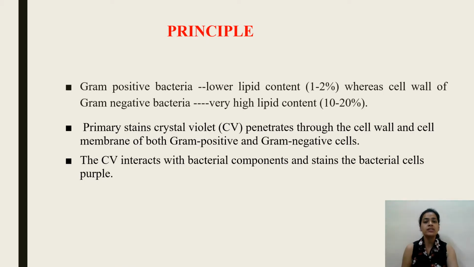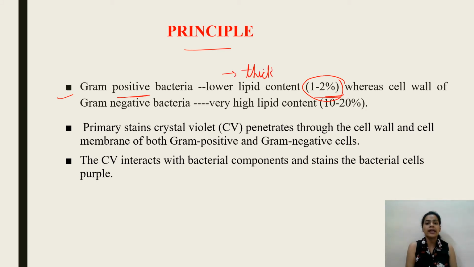Now we'll understand the principle of the gram staining technique. The basic principle lies in the fact that in gram-positive bacteria, as we just saw, the lipid content is very low, only 1 to 2%, and there is a thick peptidoglycan, PG.